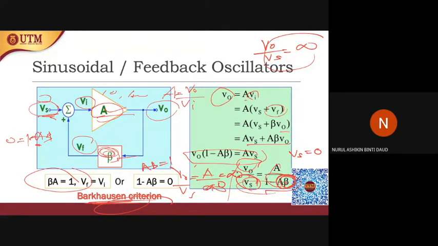So 1 minus 1 is 0, and it will be infinity again. So there are two conditions to make it the Barkhausen criterion: either Vs is equal to 0, or beta A equals 1. The value of beta and A equals 1, so we reach the Barkhausen criterion.